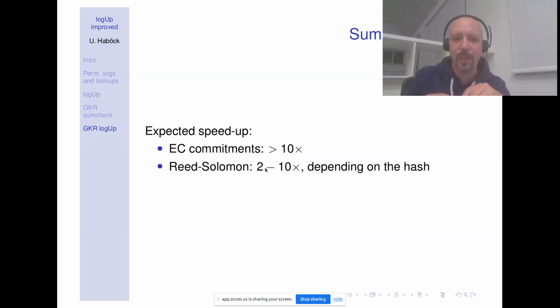If you use slow hash primitives, like Poseidon, or even more like Rescue Prime, then it approaches the tenfold improvement because committing becomes more expensive. So that's what we expect, but with a massive grain of salt here. We are curious how it will be in real-world implementations.